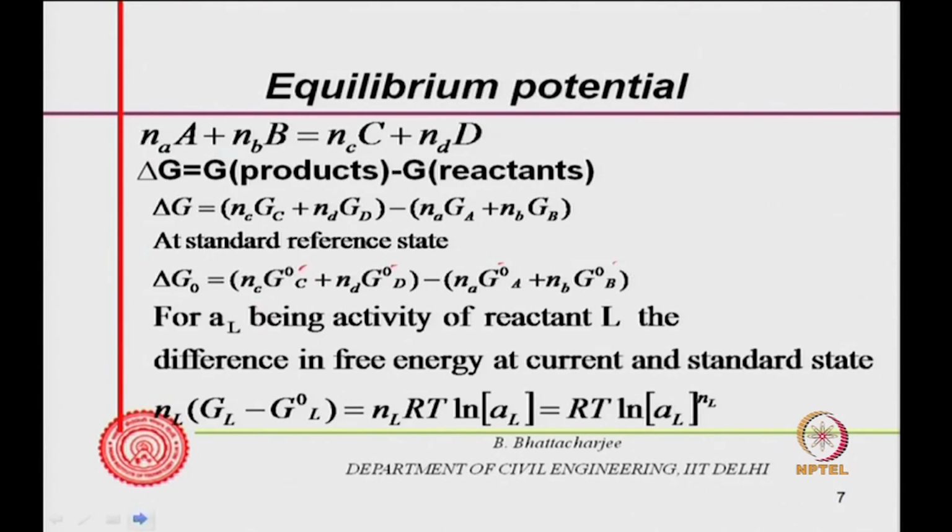So, therefore, for a given species, let us say L, like A or B, n_L (G_L minus G_L0), it can be shown that it is actually n_L RT ln a_L. Here a_L is the activity, or it can be replaced by concentration in most cases. In many cases ideal laws are followed by concentration, whereas in real cases activity would be a better choice.